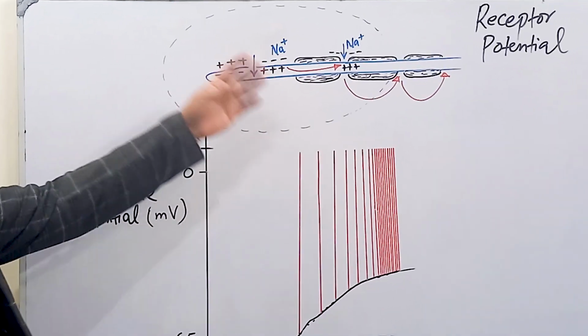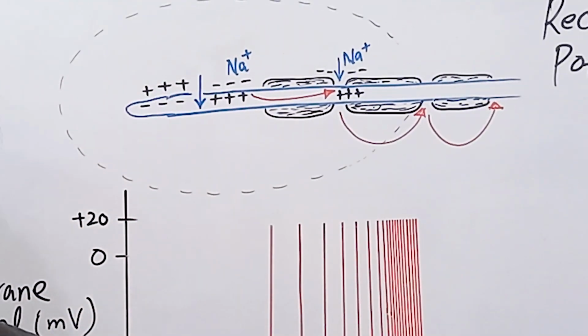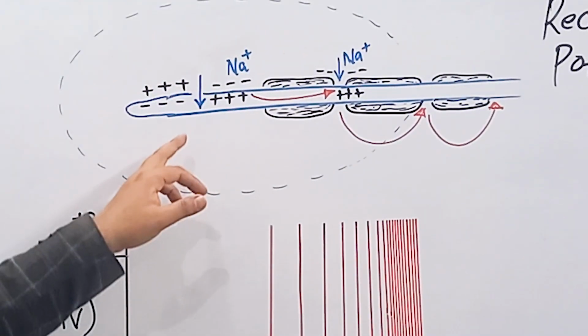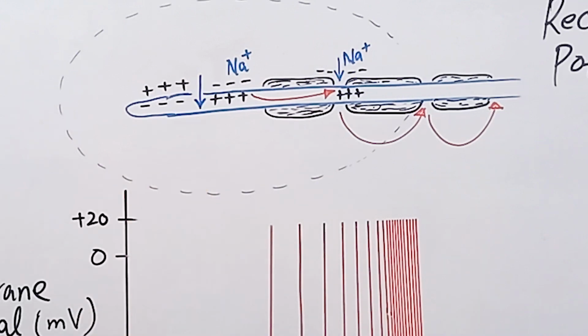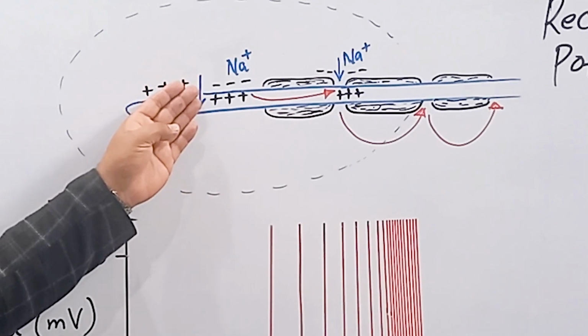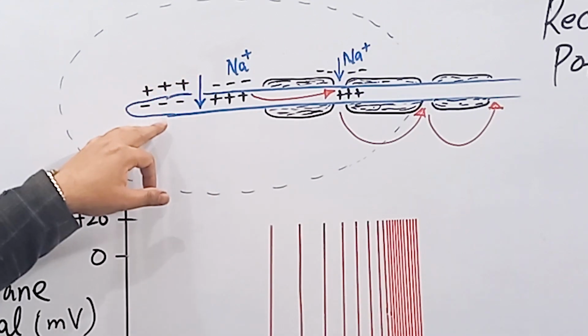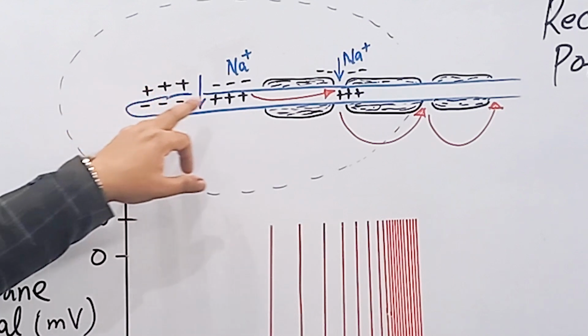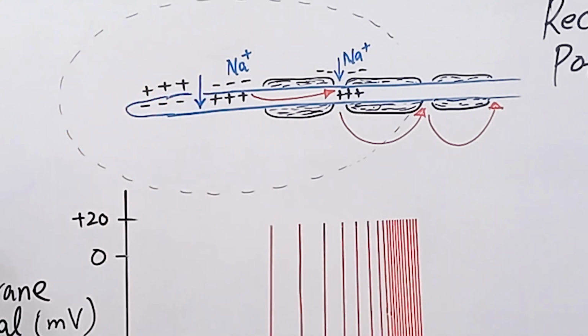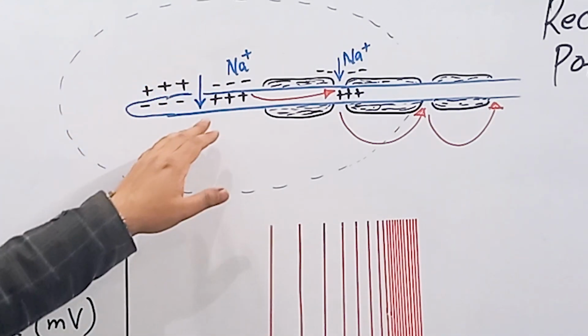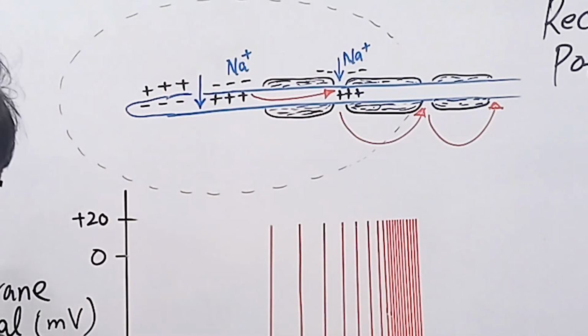Let's suppose this is a Pacinian corpuscle, one of the most studied mechanoreceptors. When a stimulus is given to this Pacinian corpuscle, there are mechanically sensitive sodium channels which open. Sodium being positive moves inward. Normally inside is negative and outside is positive. When sodium enters through mechanically sensitive sodium channels, inside becomes positive and outside becomes negative.